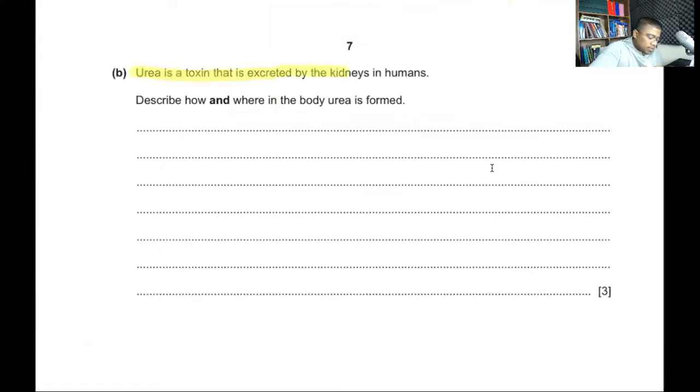Urea is a toxin that is secreted by the kidneys in humans. Describe how and where in the body urea is formed.